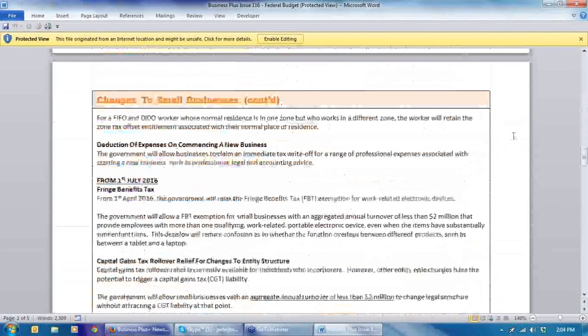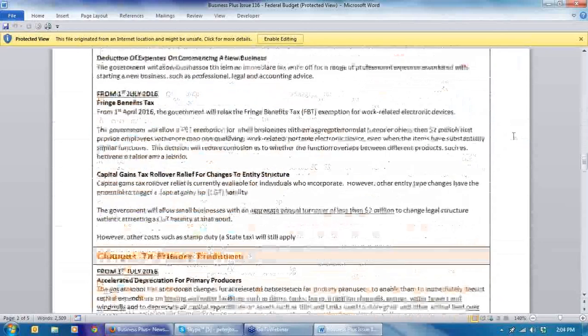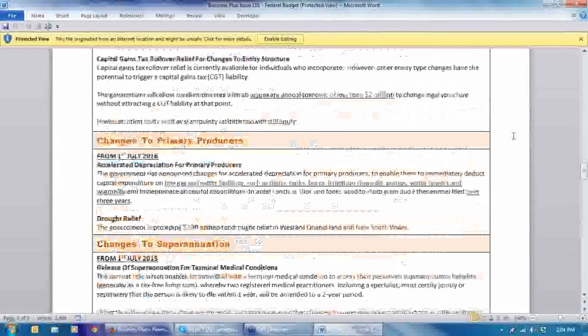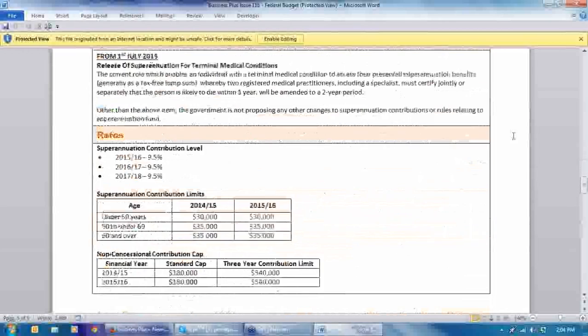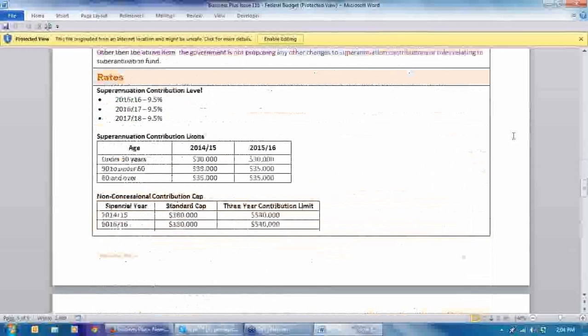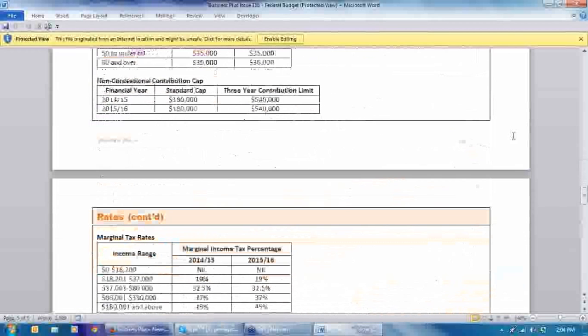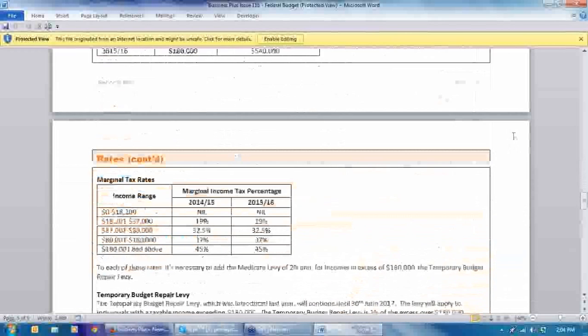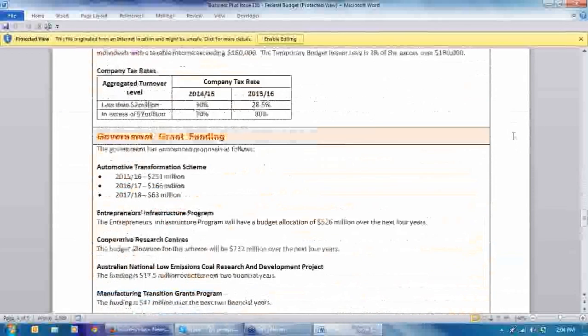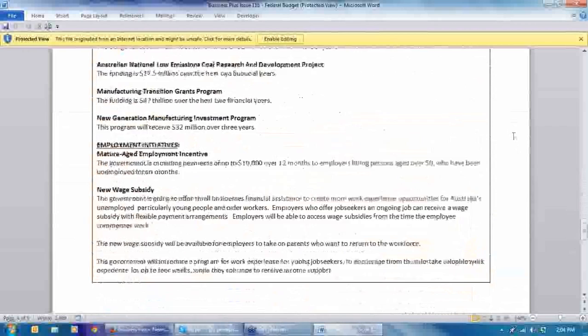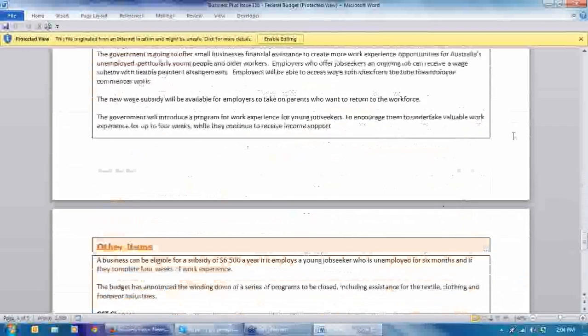And then we looked at some of the future activity, 1st of July 2016, changes that were announced to primary producers, superannuation, the rates that apply for various items in the next couple of years, government grant funding that was announced in the budget, and some employment initiatives.